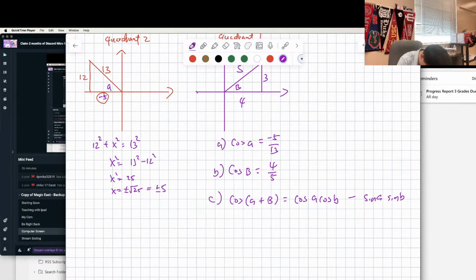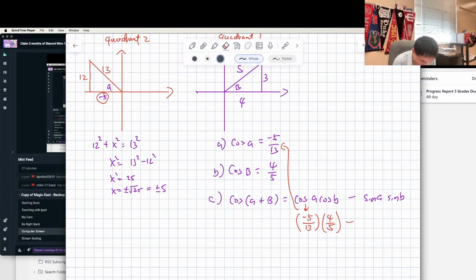Here's a problem. Cosine of A we already know, it's in parentheses. Some people still write the cosine in front. It cannot be, because it is already a fraction. This parenthesis is equal to -5/13. What is cosine of B? This is B, 4/5, and there is no trig function in front.